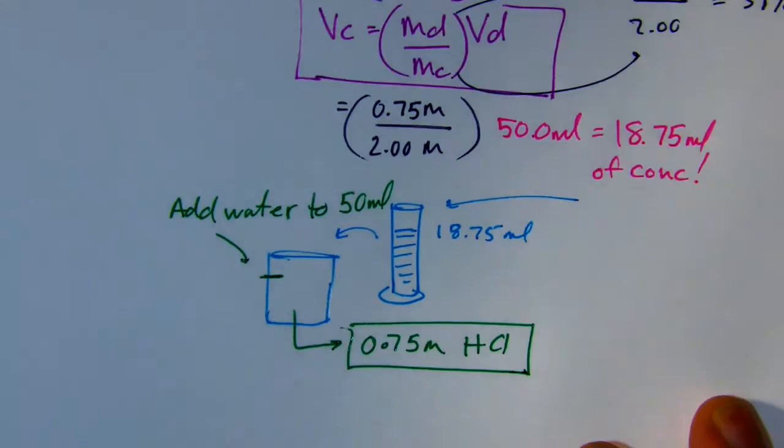We should do another one. That way you're comfortable doing this on your own. All right, so Benway has to make a batch of, let's see, nitric acid. That's some pretty dangerous stuff. I think nitric acid comes as 15 molar.